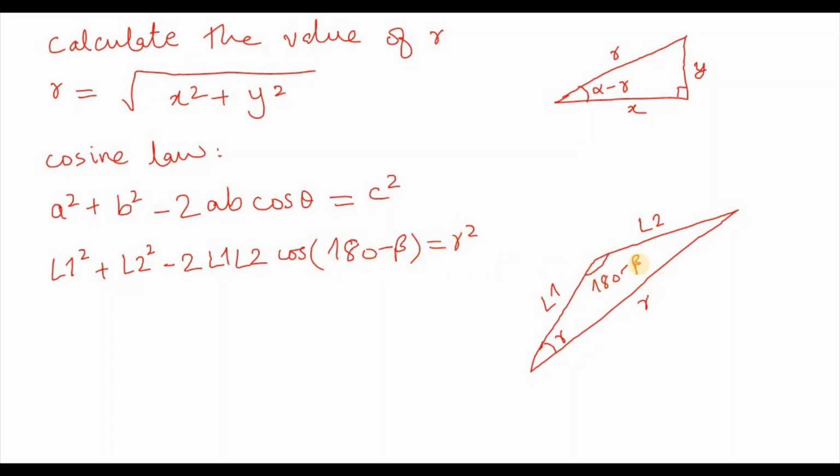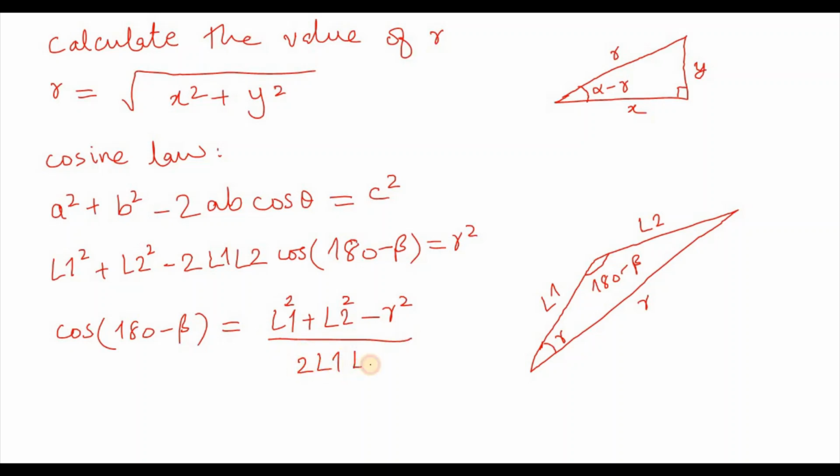So we have applied the cosine law on this triangle, and from here you can write cosine of (180 minus beta) is equal to L1 square plus L2 square minus r square, divided by 2 L1 L2.